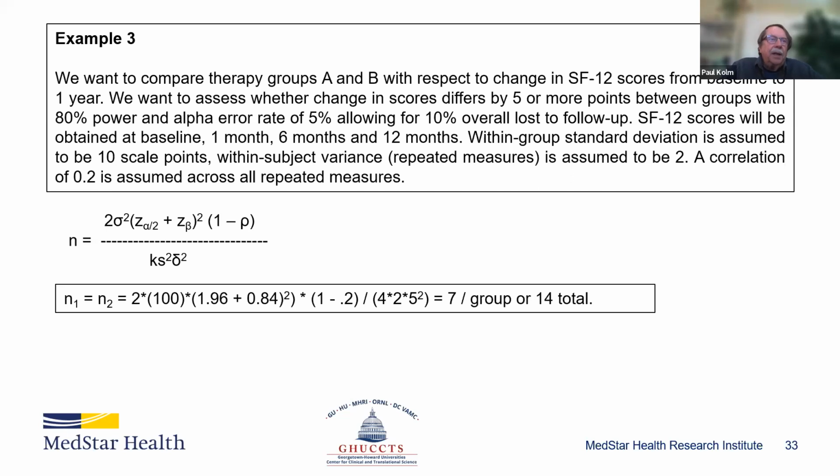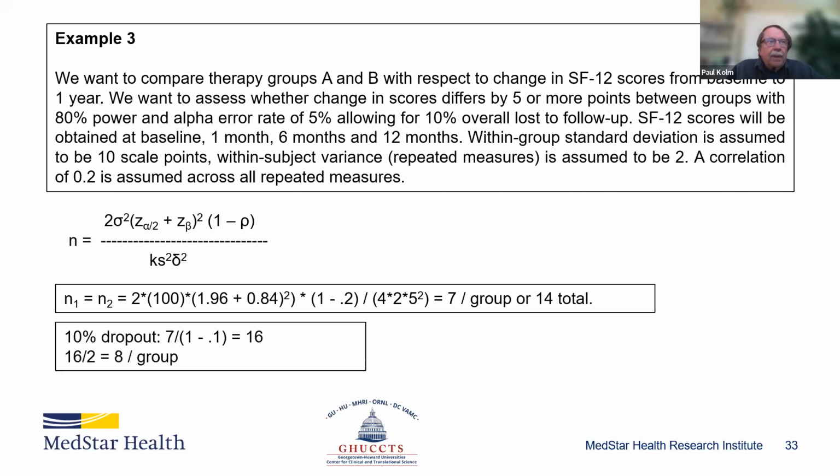And you can see that this comes out to be a really small number, that we would only need 7 per group, or 14 total. And if we assume a 10% dropout, then the 14 basically only increases to 16, or 8 per group.